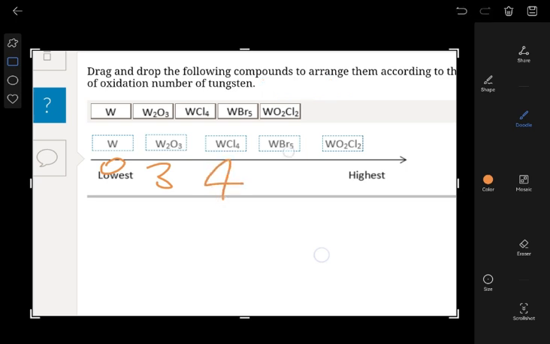Then if you do the exact same thing here, x is 5. That's it. Just try to make it 0. So this is -1 times 5 plus x is 0. So it's just x minus 5 equals 0. X is 5. Here, O is -2. So -2. And here it's -1.